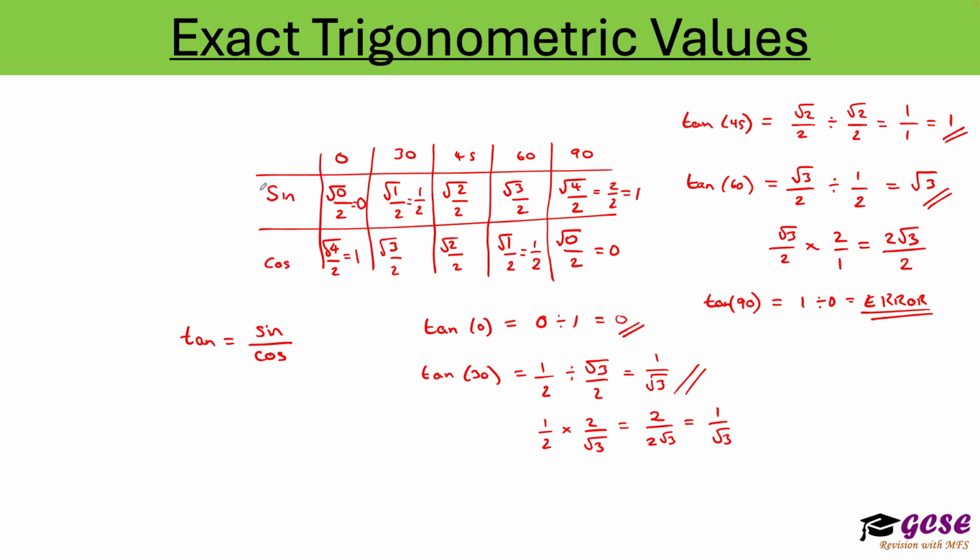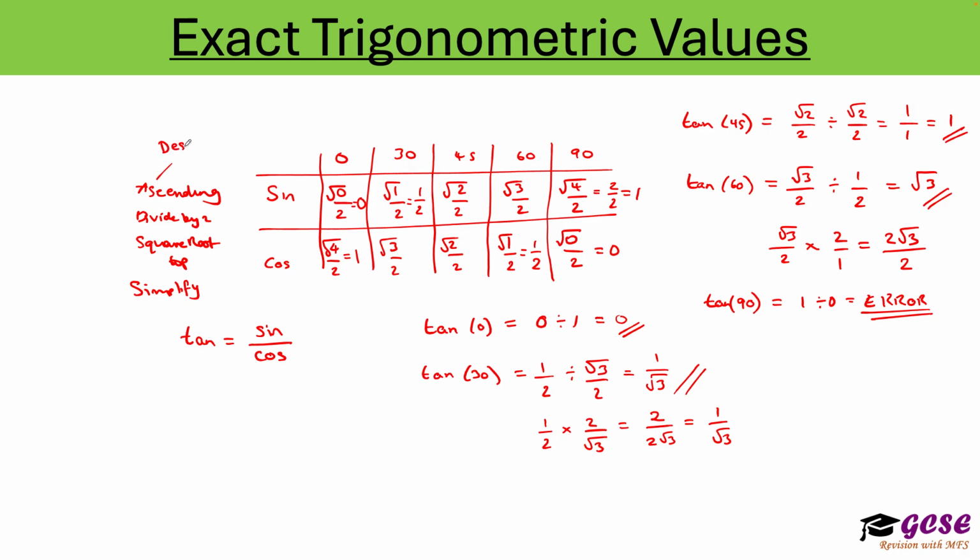So remember, for sine, it's ascending order, divide by 2 and then square root the top, and then finally simplify. Okay, that's the rules that you need to follow. For cos, it will change to descending.